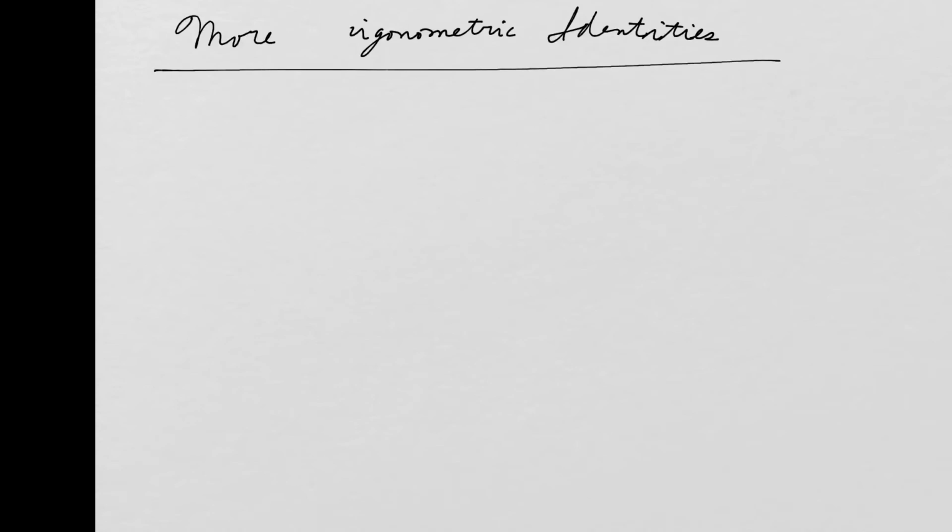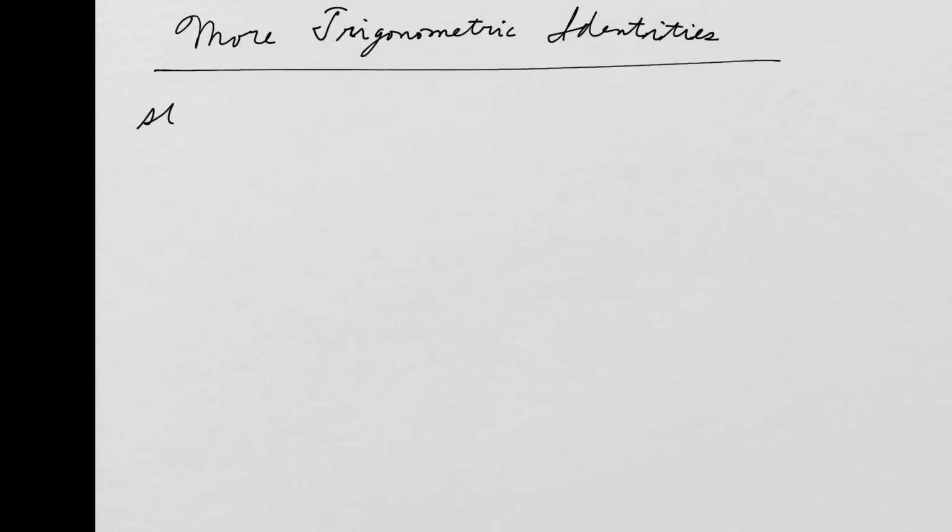Should really do a capital T there. And these really come from the Pythagorean identity. So we're going to derive them starting with the Pythagorean identity. So remember what that is.